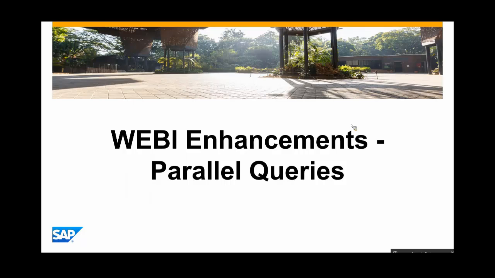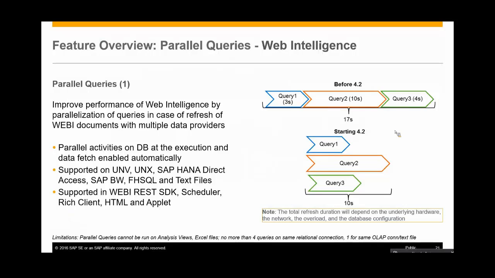So I will come to the next feature, which is related to Web Intelligence. It's about parallel queries. This is another feature which is very key to the performance of Web Intelligence queries.